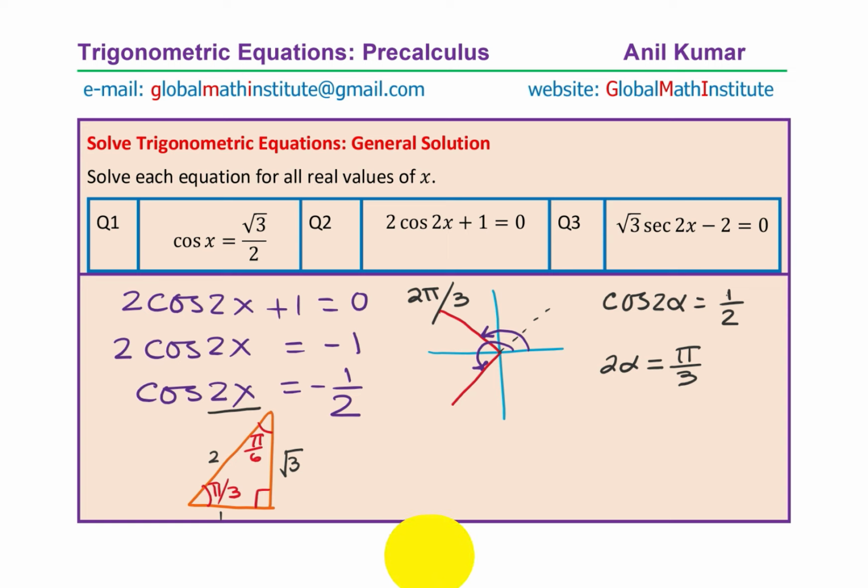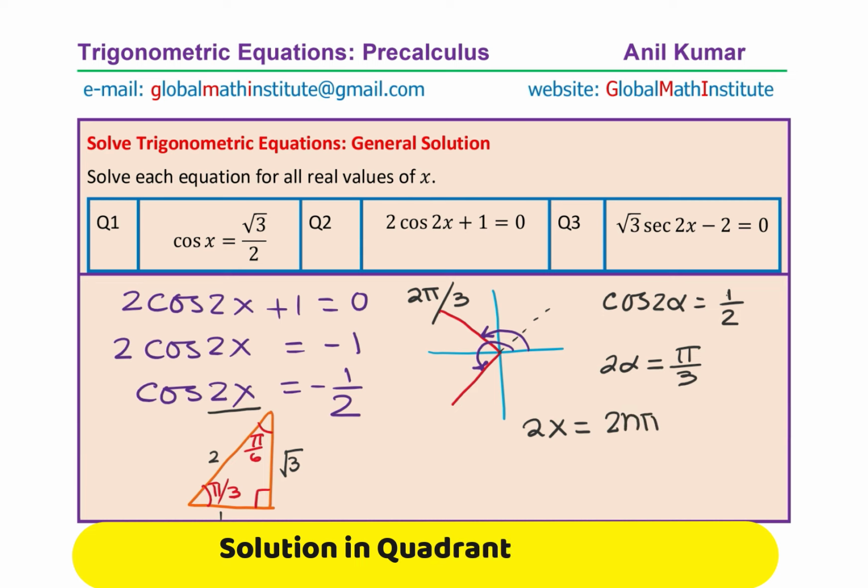So since 2x is negative of this, cos of 2x will be negative half, so 2x will be equal to 2n pi plus or minus 2 pi by 3, because this is pi by 3, right? But pi by 3 will give you a positive value. We are looking for negative value. That means quadrant 2 and quadrant 3, correct?